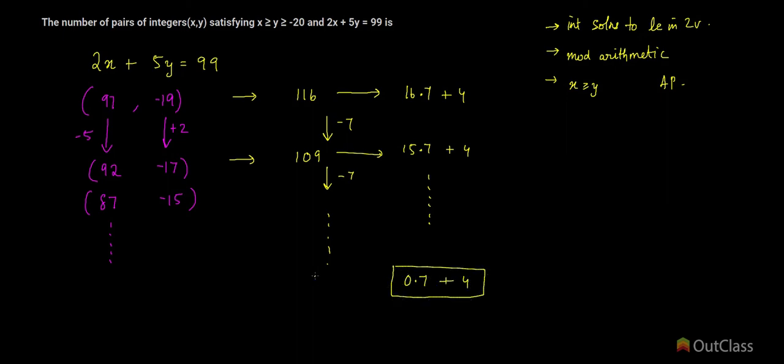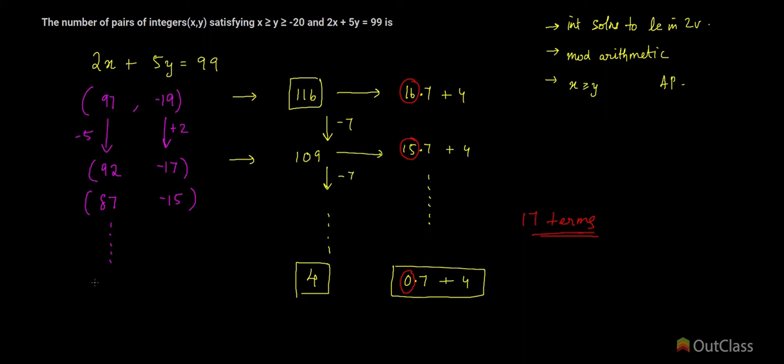You'll get to a point where x - y has dropped down to 4, and this is the last thing you should count. We don't need to find the corresponding x and y values, although we could do it, but we are interested in the number of solutions. 16 into 7 plus 4, 15 into 7 plus 4, all the way down till 0 into 7 plus 4, clearly 17 terms. 17 is your answer.